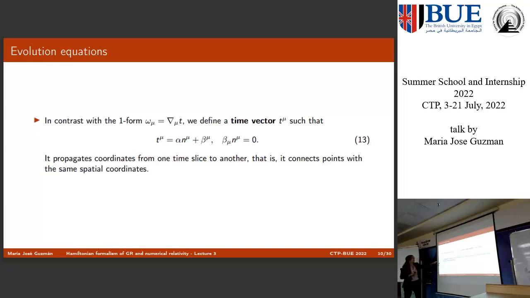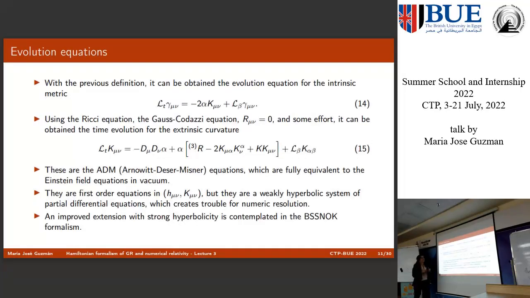And this time vector propagates the coordinates from one time slice to another. This means the normal vector doesn't always hit the same coordinate that I started with. The time vector always hits the same coordinates. So that's why we prefer to use the time vector instead of the normal vector in the Lie derivative. And this is precisely the time that I need to evolve the equation.